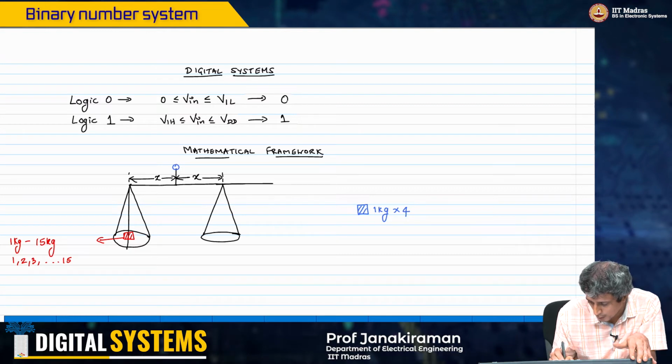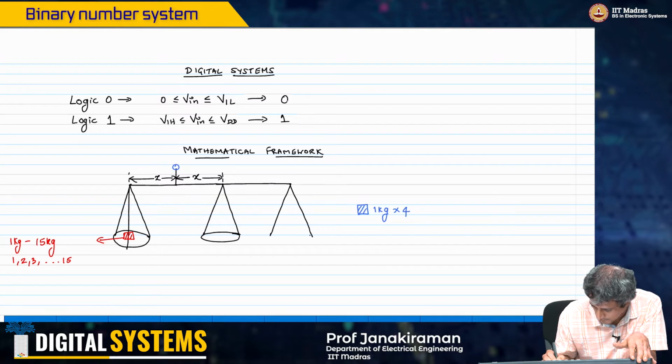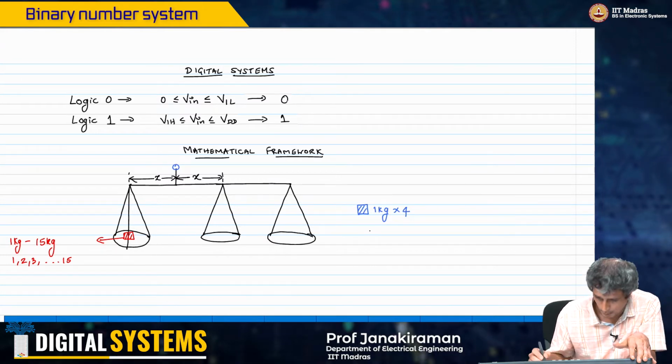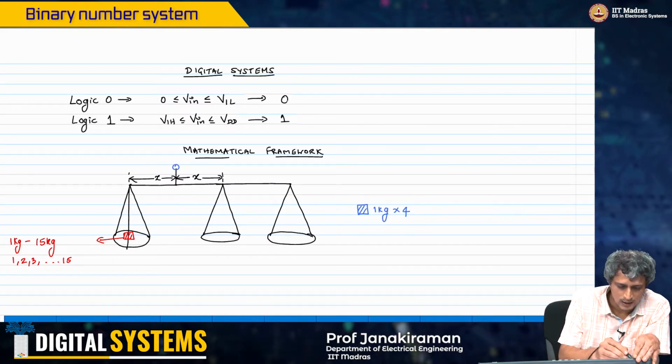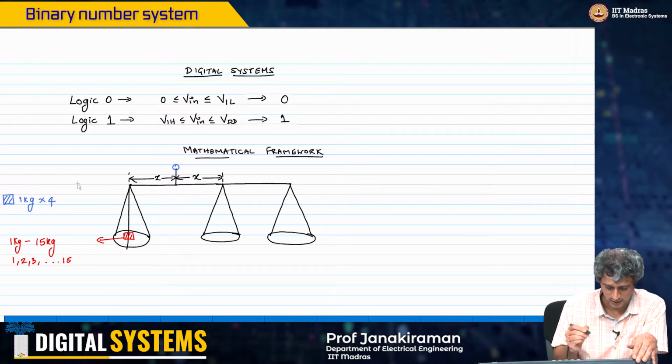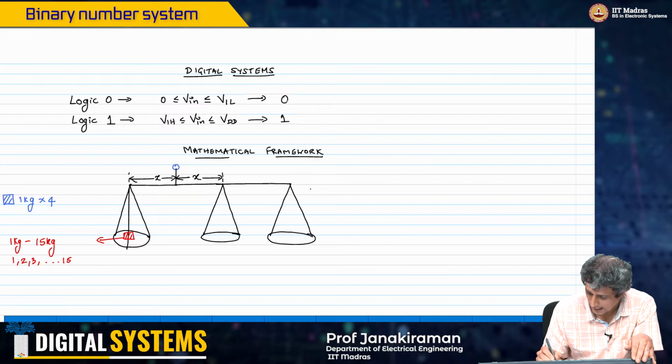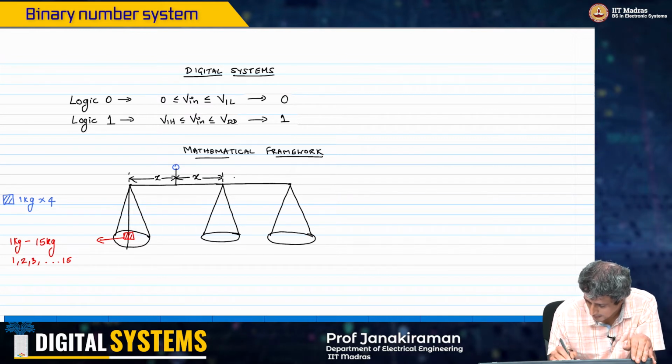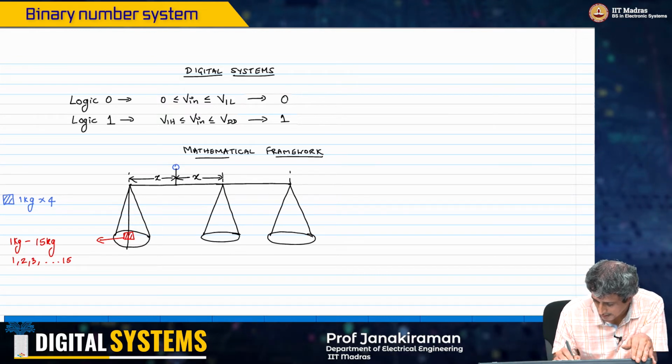Then at 2x I have another balance, and let me move that here, okay, and this is another x.